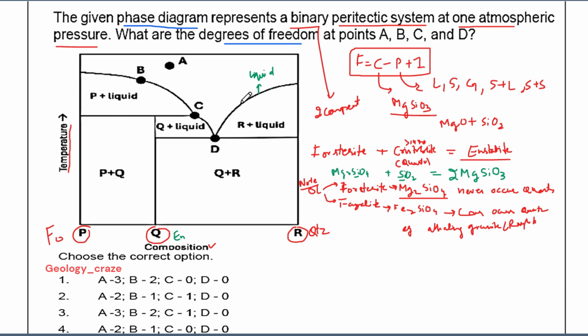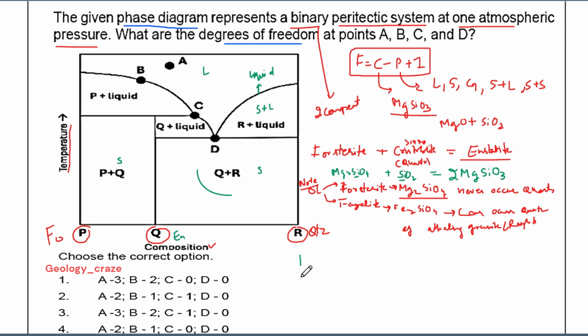Above this curve we are getting liquid and below this curve we are getting mineral as well as liquid, which means solid plus liquid. Here we are getting only solid, here only solid, here solid plus liquid, here solid plus liquid, and in this region this is only liquid. So we just use this and we will calculate our question.